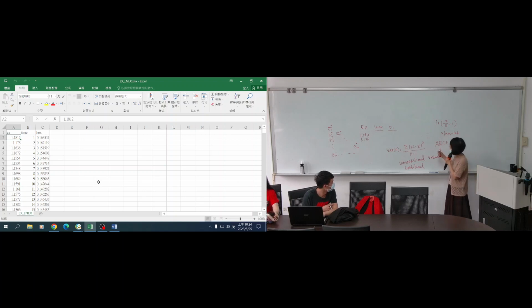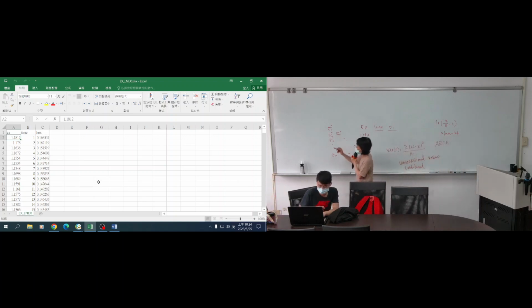If it is conditional variance, for example the return we are talking about is D1, it has some relationship, which is beta 1 times x.